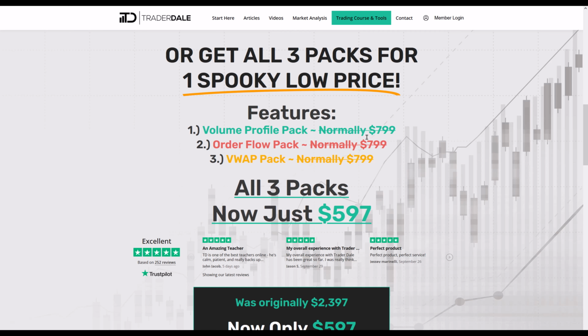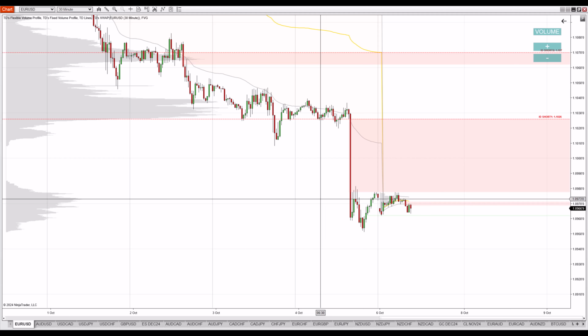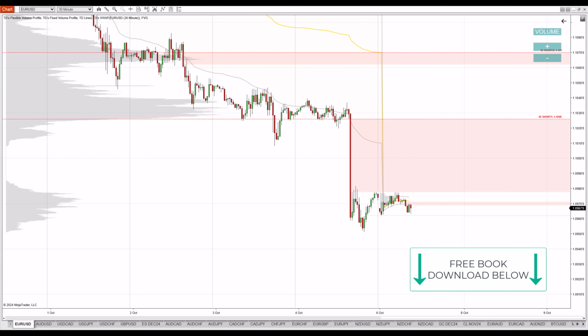And let me now jump to the charts and let's start with the euro dollar. So what you see before you, this is euro dollar 30-minute chart. On the chart you see my custom-made volume profile and VWAP indicators. Those are also the parts of the packs which I just showed you. And on this 30-minute chart of the euro dollar, I want to talk about this newly formed resistance, this one.